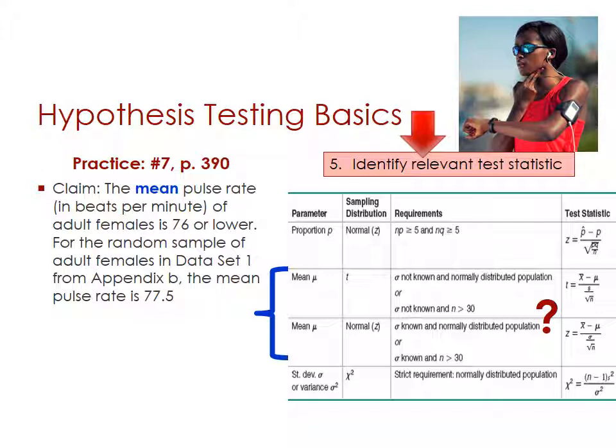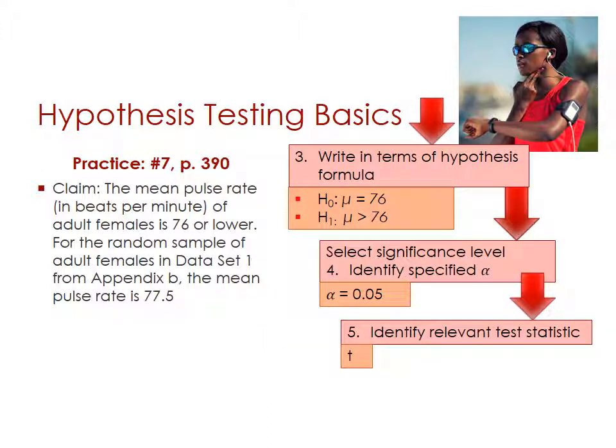And the answer for that is no, we do not. Do we know we have an n greater than 30? The answer for that is yes. If we look at the data set, we've got a setup of 40 samples. So we're going to be using our t distribution. Okay, so that's the sampling distribution we're working with, the t distribution.